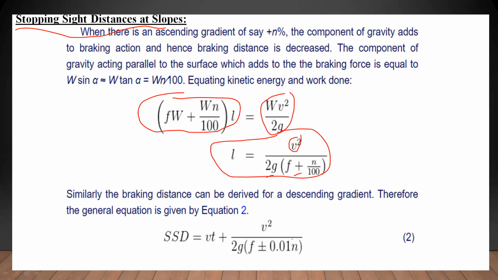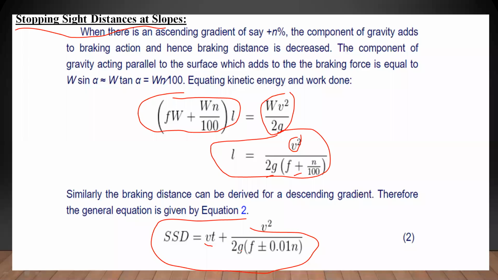Okay, so finally this is the formula. Only braking distance changes between stopping sight distance at a level road and at a slope, but the lag distance, that is small v into t, remains same in both the cases.